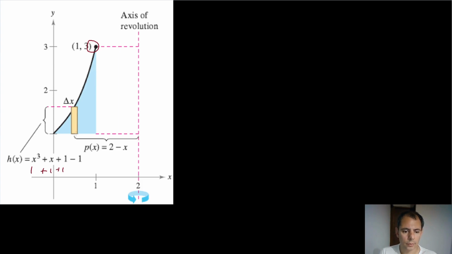That's 3, right? But here's the thing. Should all this distance from here all the way to here be accounted for, all this stuff in here? No, it should be this distance minus 1. Because the whole area that we're interested in starts right here at y equals 1.